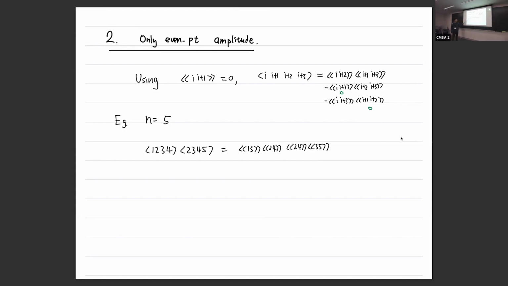So if we consider the product of 1,2,3,4 and 2,3,4,5, we can first decompose it as 2-brackets. Then we replace 1,3 to the 5,1,2,3 over 5,2, and 3,5 to the 3,4,5,1 to the 4,1.